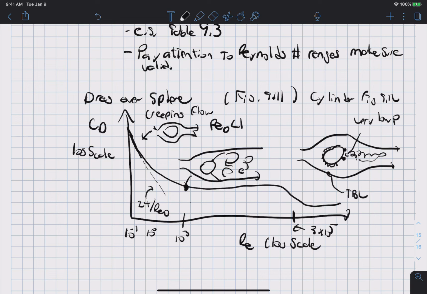And this low pressure region is actually trying to suck the sphere backwards. And that low pressure region between these two separation points plays a huge part in increasing the drag.